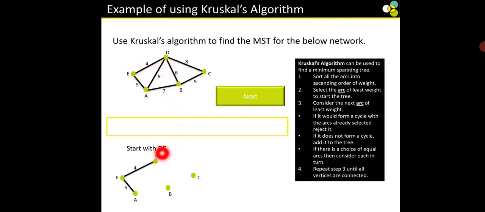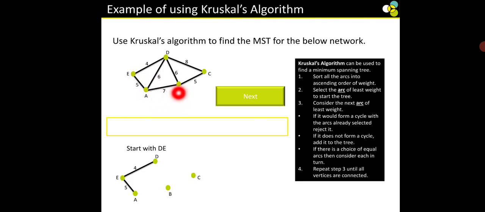So I am taking D to E as the least edge. The next least edge is E to A. D to E is 4, E to A is 5. So we take E to A as 5.